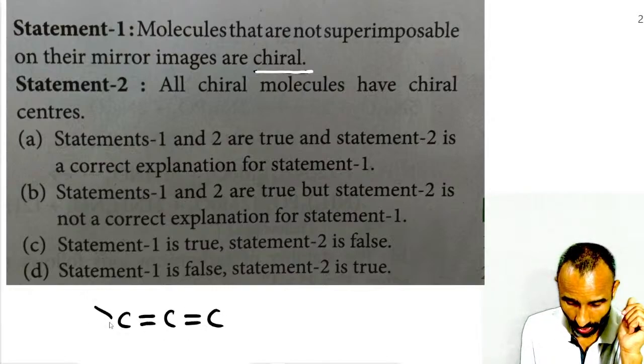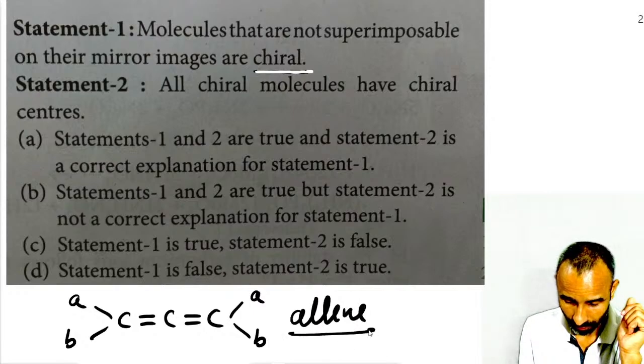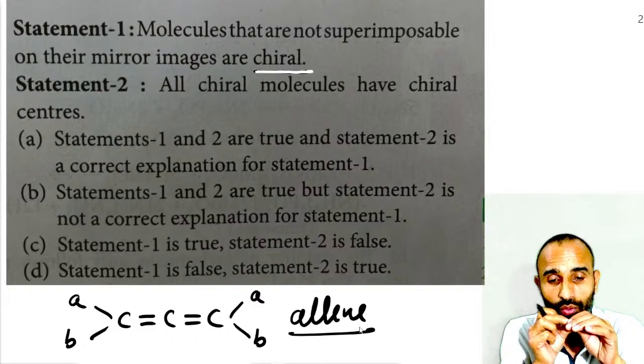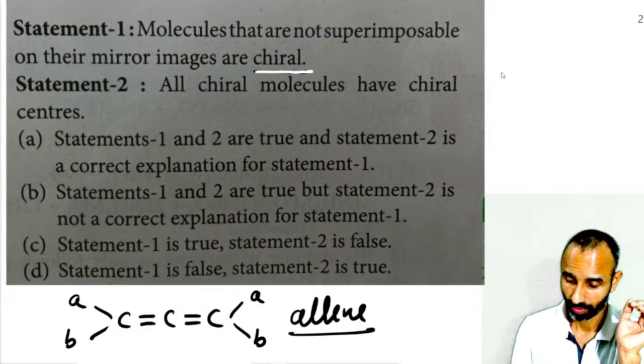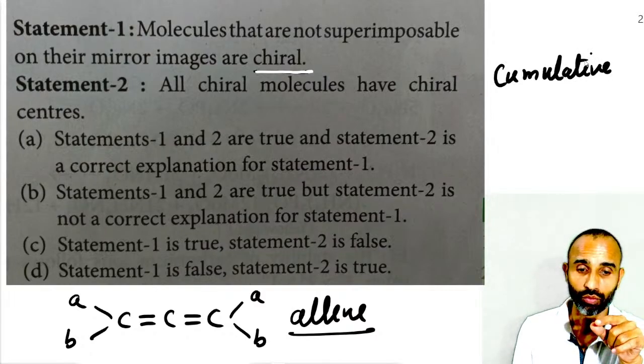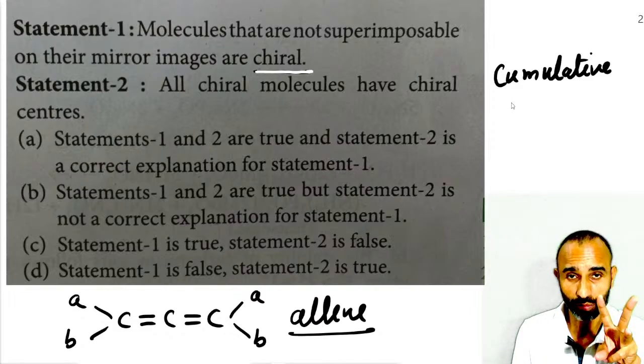This is called allene, meaning any cumulative alkene. These are called cumulative alkenes. There are three types of dienes.